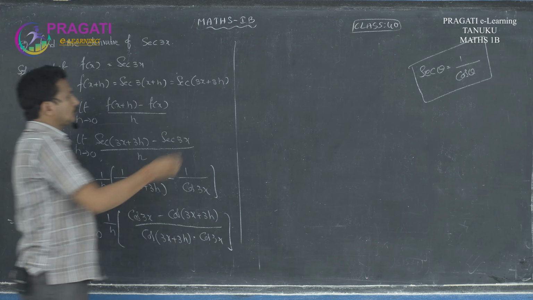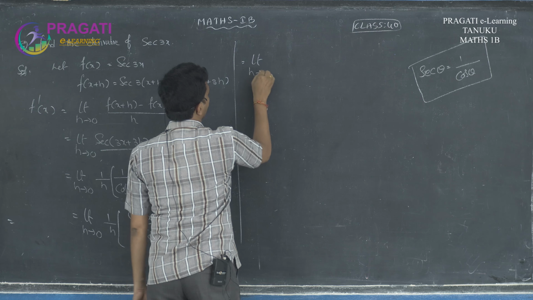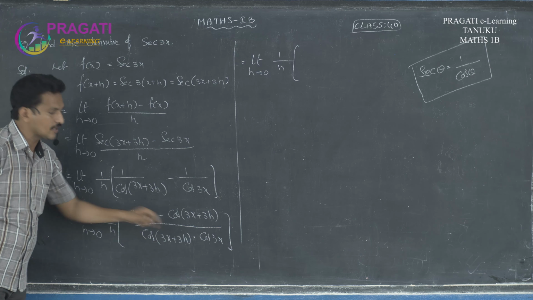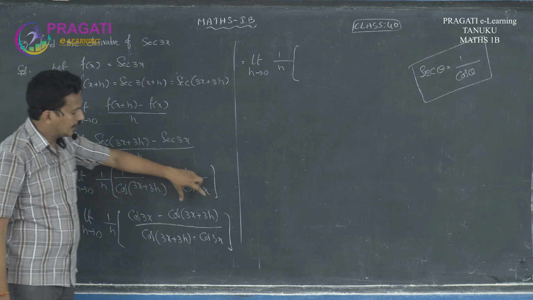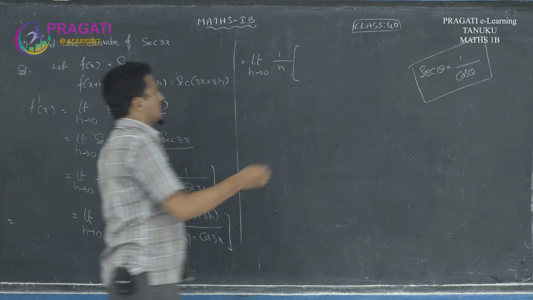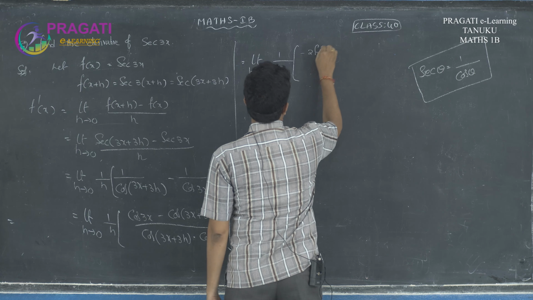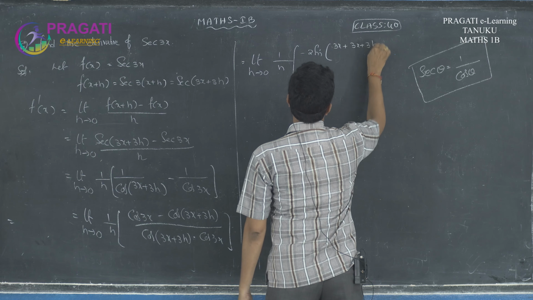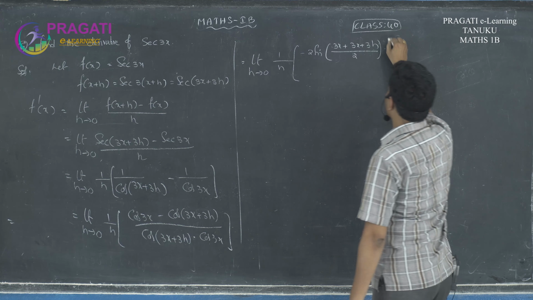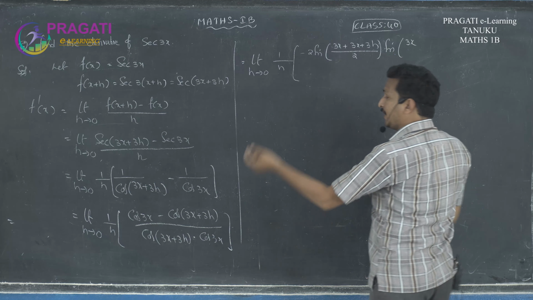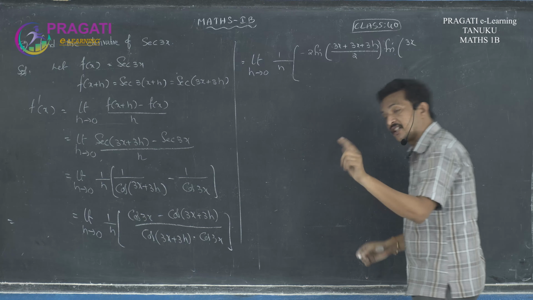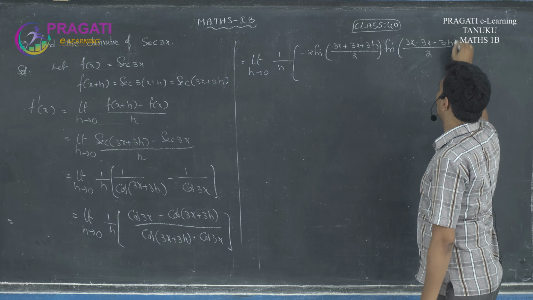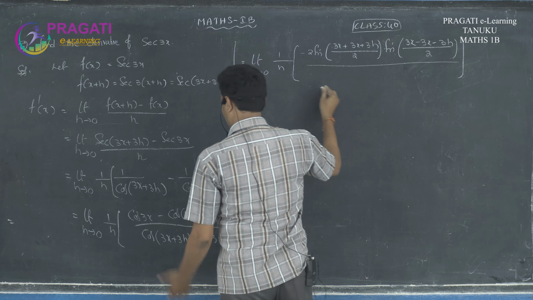Here to write, limit h tends to 0, 1 by h into, here it is of the form cos c minus cos d. Here c means 3x, d means 3x plus 3h. The cos c minus cos d formula is minus 2 sin of (c plus d) by 2 into sin of (c minus d) by 2. Here d means 3x plus 3h, c minus d means minus 3h by 2. Okay, by what is the denominator?